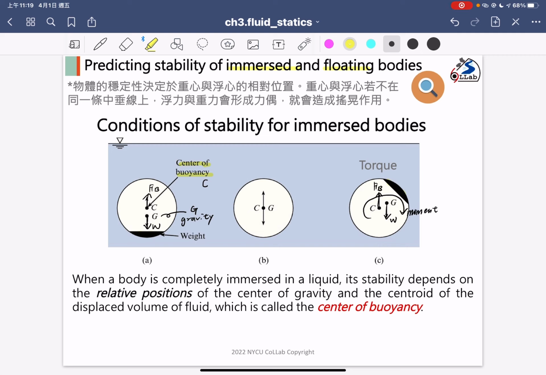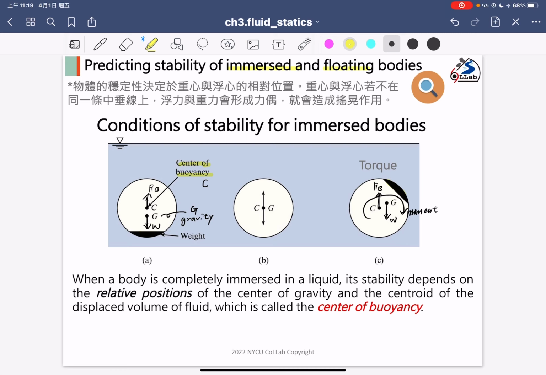So that means if we can figure out the relative position between C and G, then we can decide whether the body will rotate or not. If the body starts to rotate, that means the initial condition of the body is unstable. And after the body rotates, maybe it will move to a stable condition.